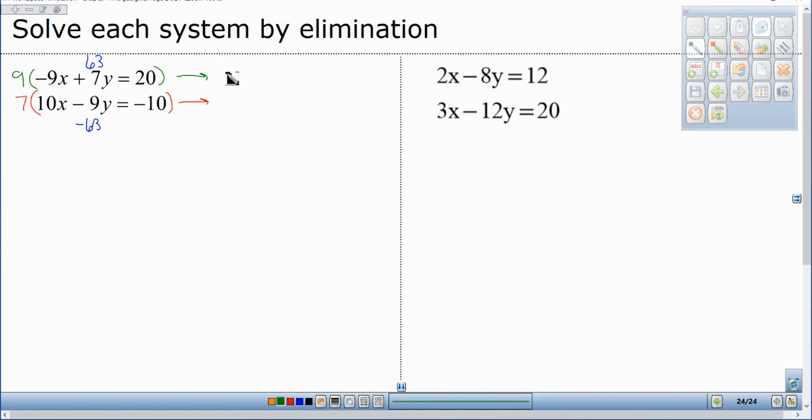If we make those calculations, you're going to get negative 81x, positive 63y, and then 9 times 20 is 180.